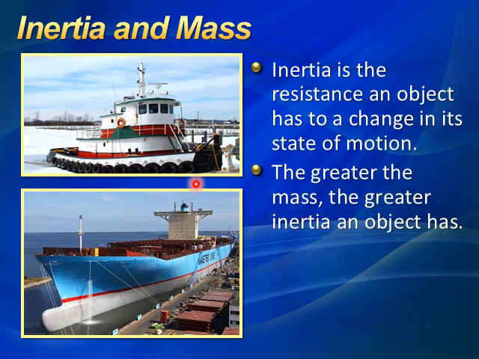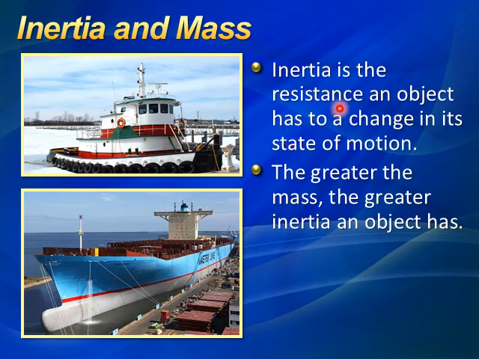Okay, ganito. Meron tayo dito ng tugboat and you have here a huge cargo ship. Itong tugboat na to, kapag ito from rest and then gagawin mo siyang moving, papaandarin mo, mas mabilis tong gagalaw, kesa dito sa huge container ship. Why? Kasi dito, less ang inertia niya. Ibig sabihin, less ang mass niya, so less ang inertia.